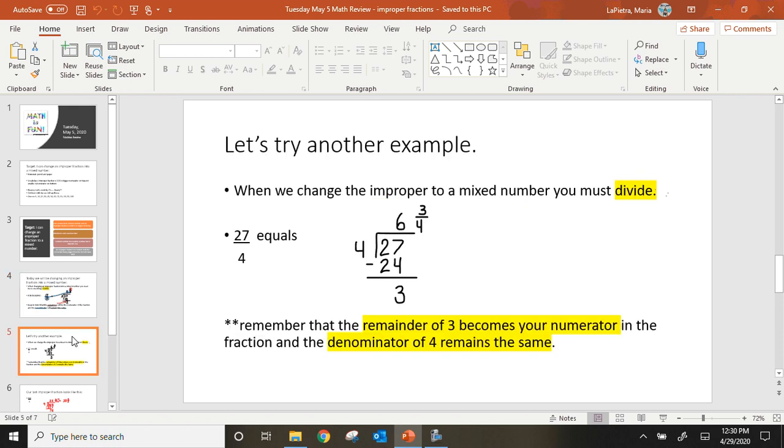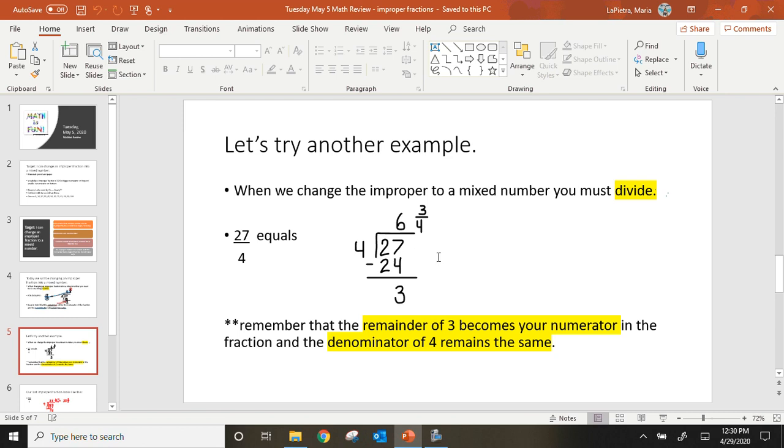Okay, let's try another example. Remember, we're dividing. You see an improper fraction with the number on top that's bigger than the bottom. The top number always goes in the inside. Your denominator goes on the outside. 4 goes into 27 6 times.